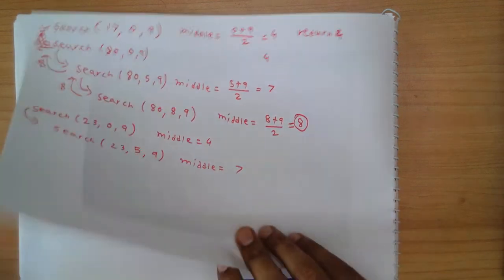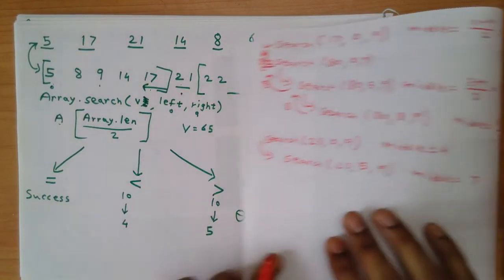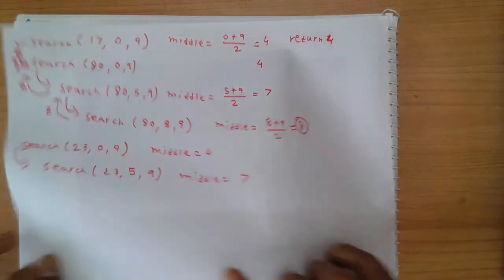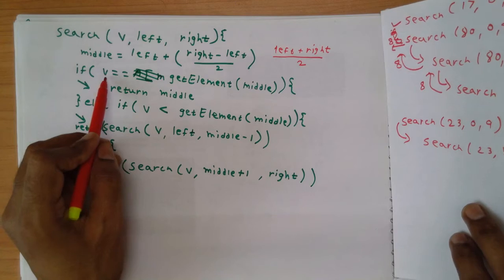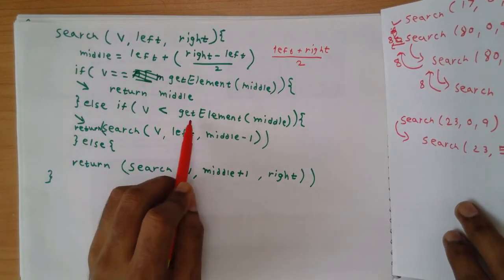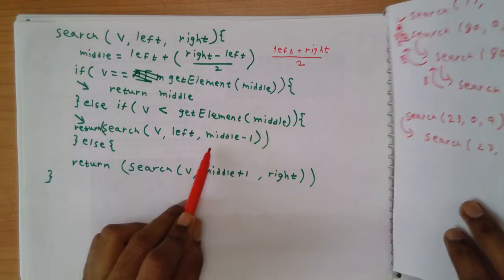So let's come back to our array and look at position 7. It is 65. And when I compare 23 with 65, what happens? So v is 23, middle is 65. They are not equal, but my v is less than 65. So I have to search left to middle minus 1.